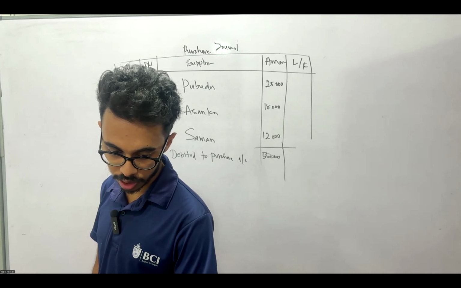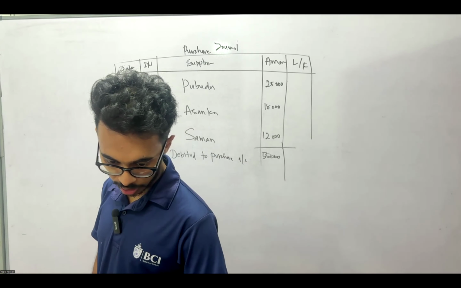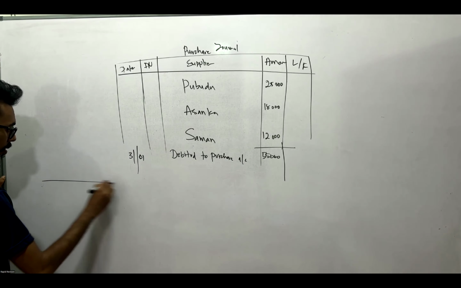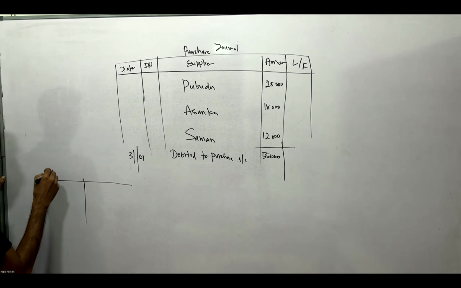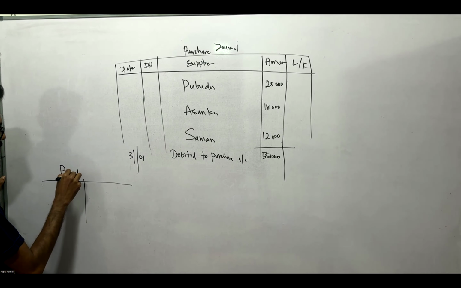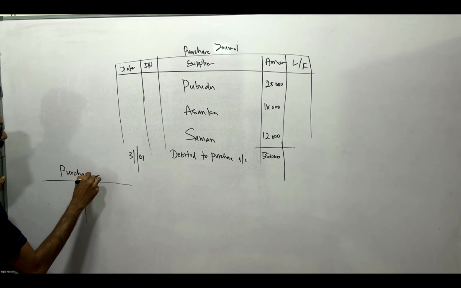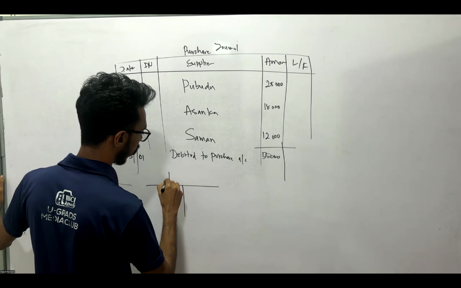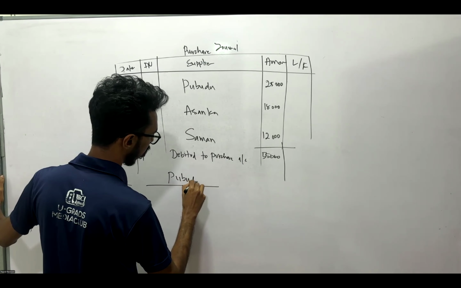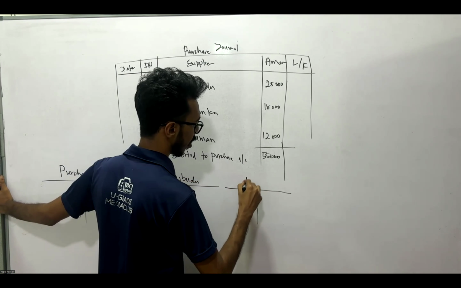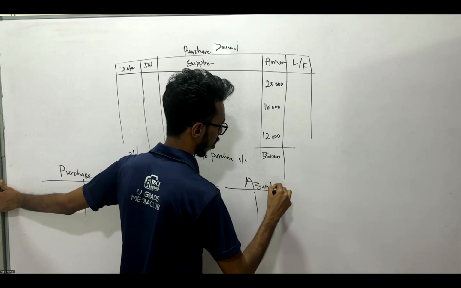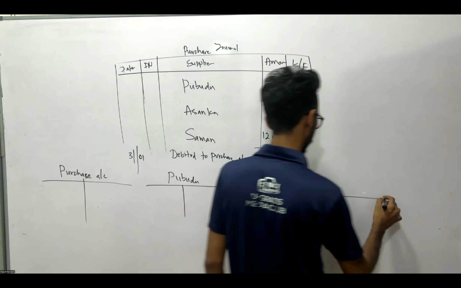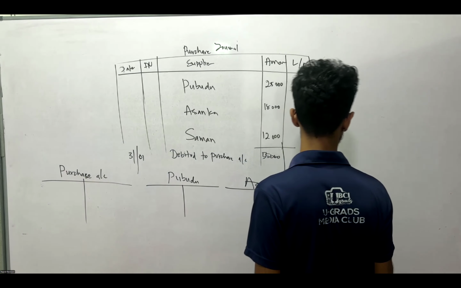we have to record this into the ledger accounts, right? We have to record them in the particular ledger accounts. Simple. You take the purchase account, then you take the Pubudu account, and then you get Asanka, and then Saman.